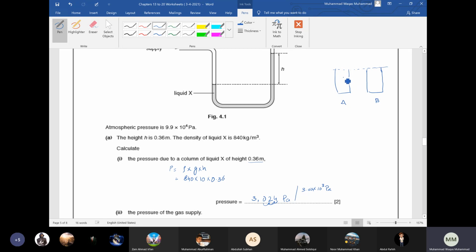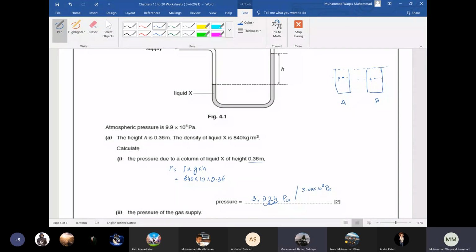Let's say this is point P, and beta, another point Q. See, beta, they are at the same depth in the liquid. Both are at the same depth, right? But beta, liquid A is more dense than liquid B. Then beta, which point will be at higher pressure? On which point will there be higher pressure?